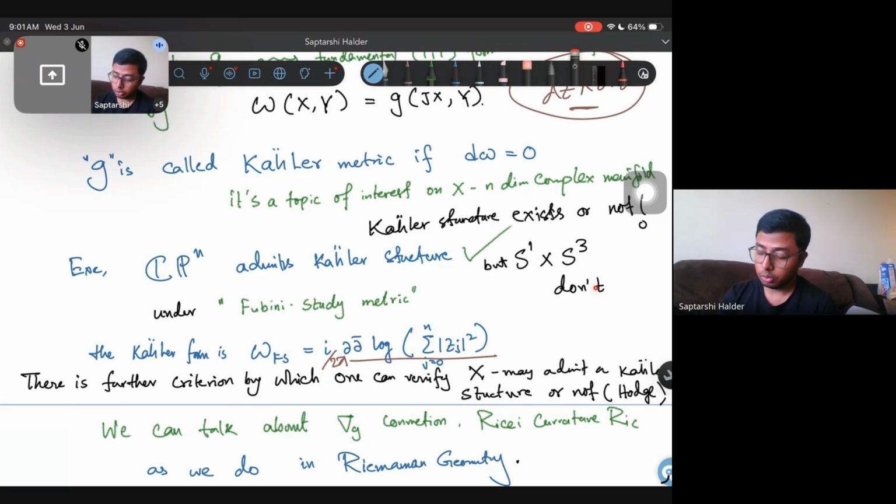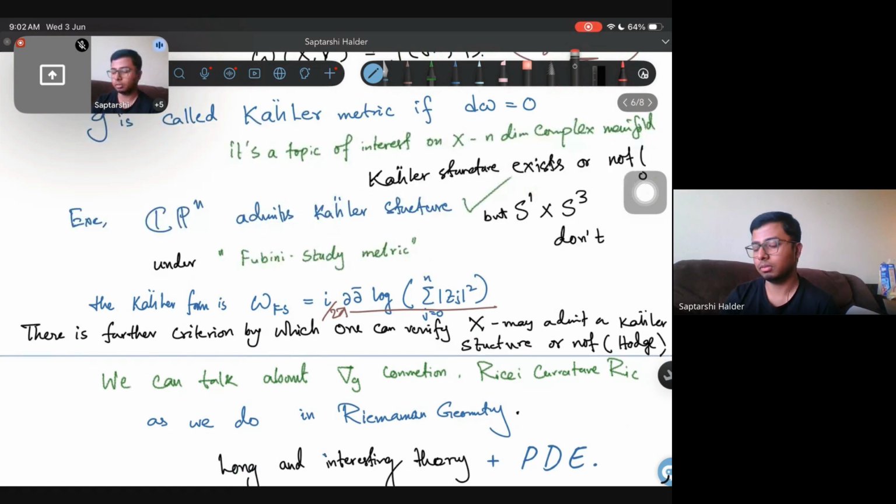So for S6, those tests are inconclusive, meaning I don't know. For S1 cross S3, we can do the computation. This is a very easy computation. You just need to find the dimension of some vector space, plug those dimensions into the formula, and check whether it is even. So for S1 cross S3, done.